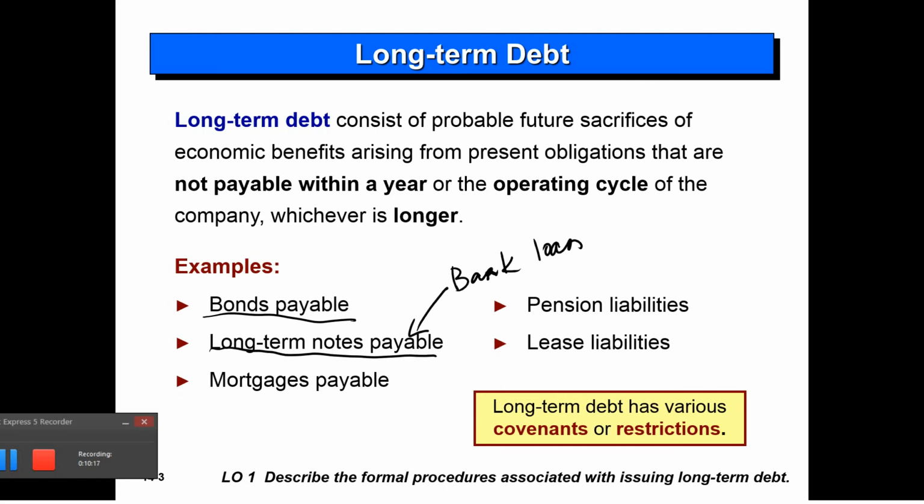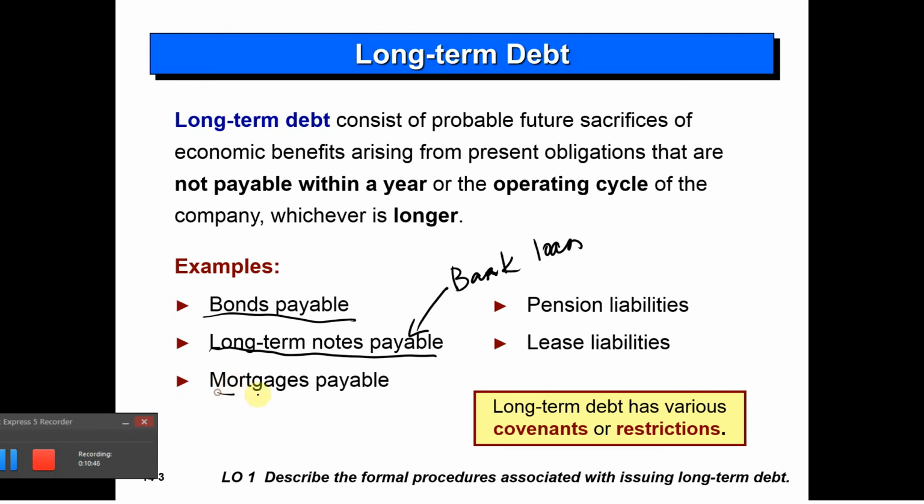Instead, they are more likely to go to their own banks and talk with those banks because those banks know more about them. So there is less information asymmetry. When it comes to long-term debt, they are more likely to borrow from the banks instead of the general public through issuance of bonds. Okay, so this is long-term notes payable.